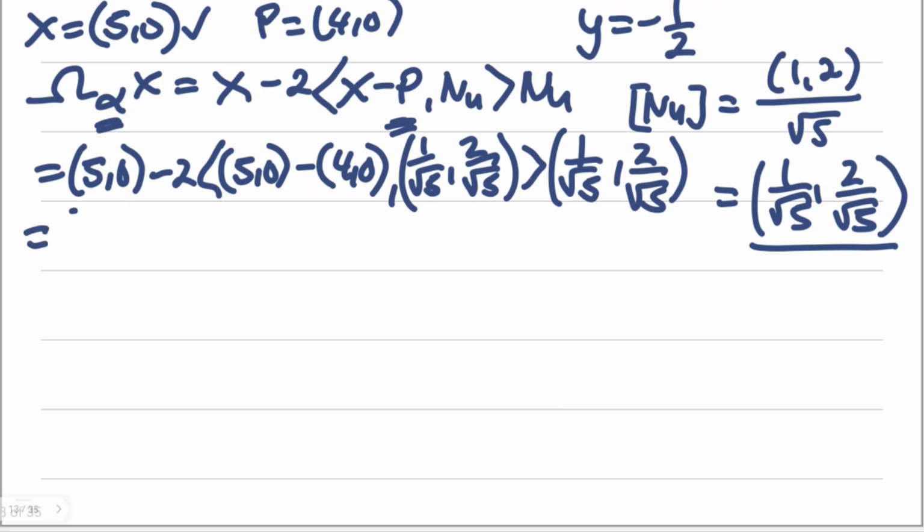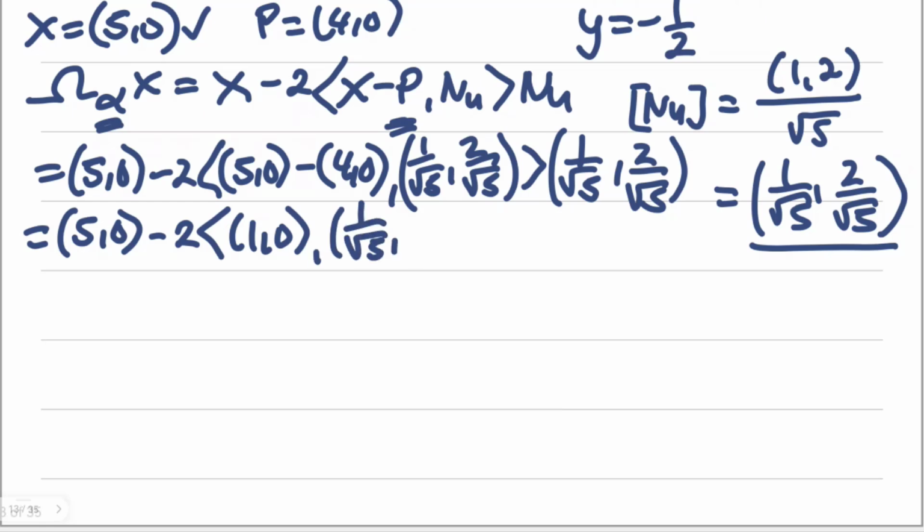So you have here 5, 0, minus twice. Of course, you can combine the first two points first. You'll get here 1, 0. That is actually the result: 5 minus 4 is 1, and 0 minus 0 is 0. You have here 1 over square root of 5, 2 over square root of 5, times again 1 over square root of 5 and 2 over square root of 5.